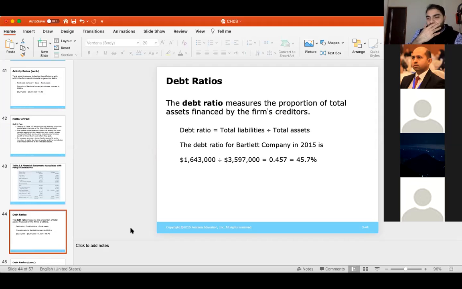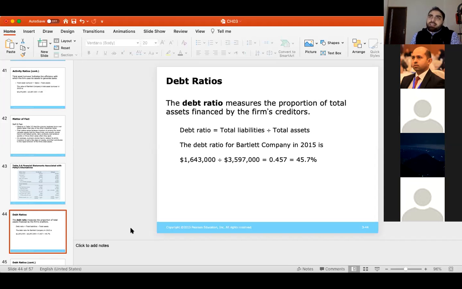Now we have another ratio, which is the debt ratio. The debt ratio is the total liabilities over total assets. Here, how much our assets can cover the total liabilities.